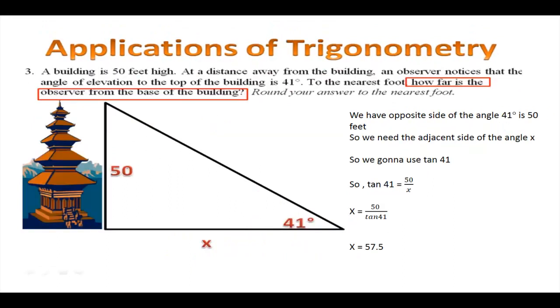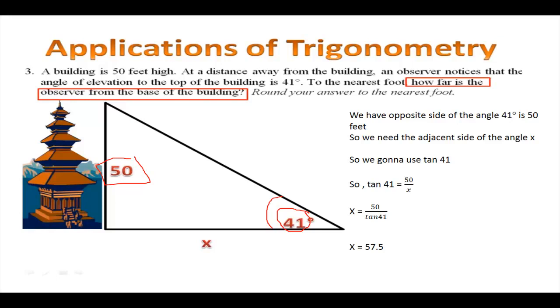So the next application: a building is 50 feet high. A distance away from the building, an observer notes that the angle of elevation to the top of the building is 41 degrees.